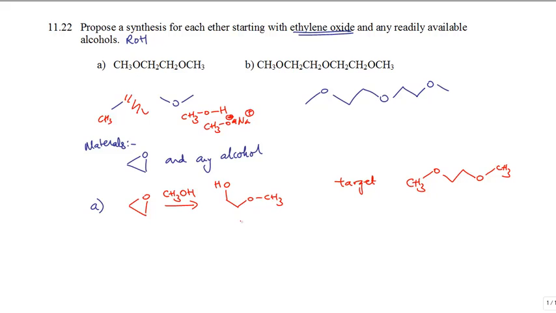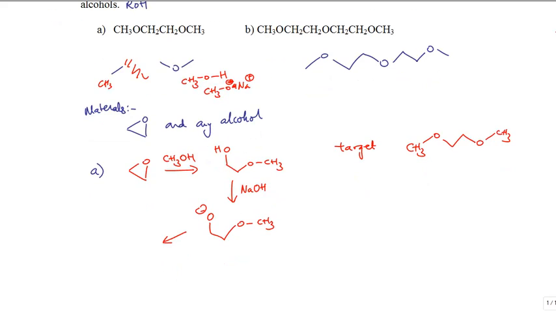And comparing this first intermediate with that one, we just need to convert the alcohol to this second ether group. So what I could do is convert it with sodium hydroxide to an alkoxide, and then let's attack it with this bromide.